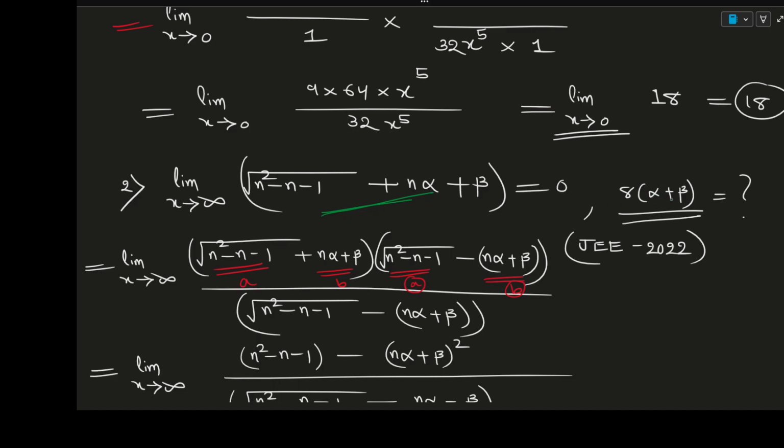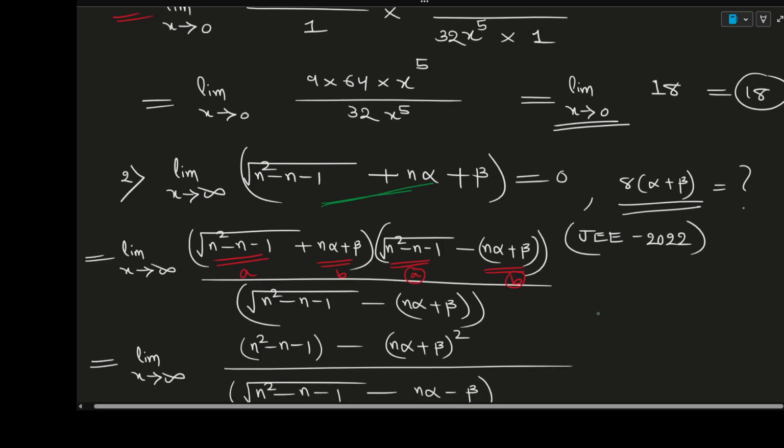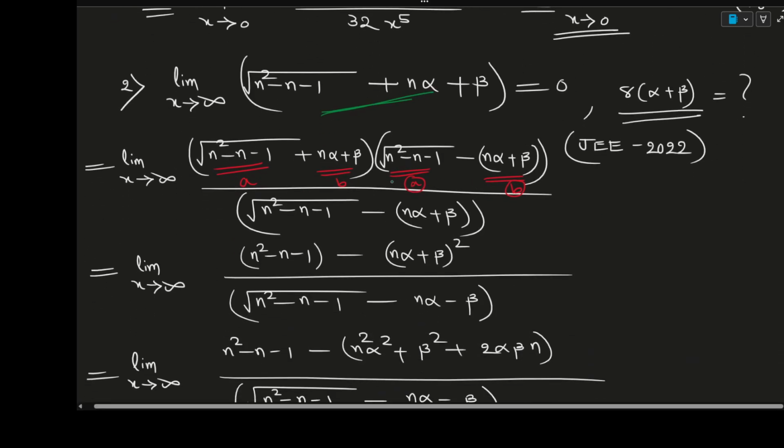So before evaluating 8 times alpha plus beta, we have to find out the value of alpha and beta. So we proceed by multiplying by the conjugate of this expression. We take the negative sign here and multiply and divide in the numerator and denominator.